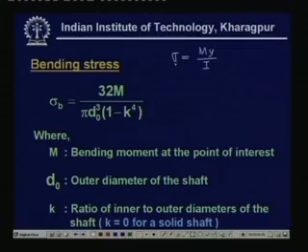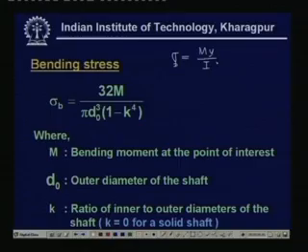This is sigma b, so sigma b equals M y by I. M is the bending moment, y is the distance of the fiber of interest from the neutral axis, and I is the moment of inertia about the neutral axis of the cross section.